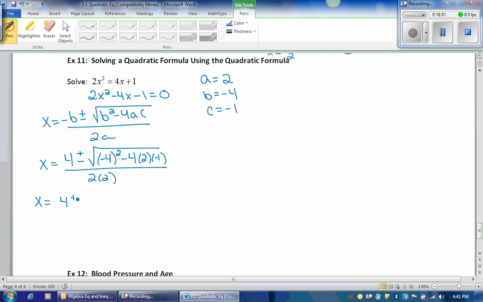So let's do some simplifying. Negative 4 squared is 16. Negative 4 times 2 is negative 8, times negative 1 is positive 8. 16 plus 8 is 24.